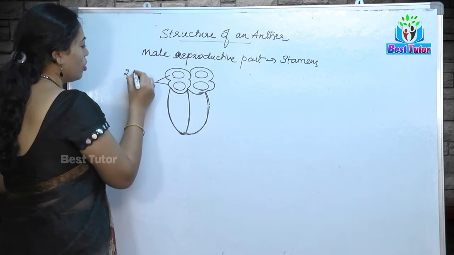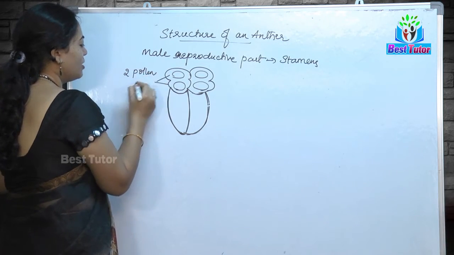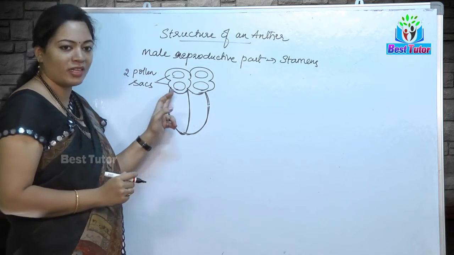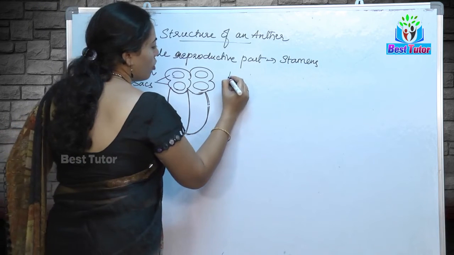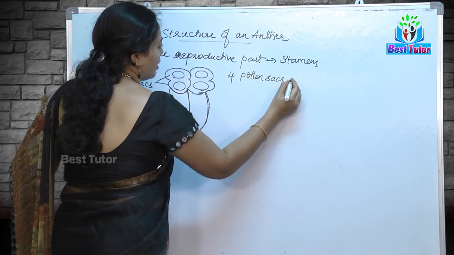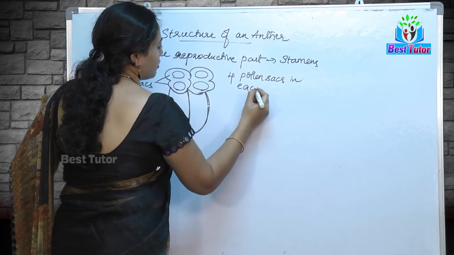Two pollen sacs. We call them pollen sacs. So each lobe has two pollen sacs. Overall we have 4 pollen sacs in each anther.